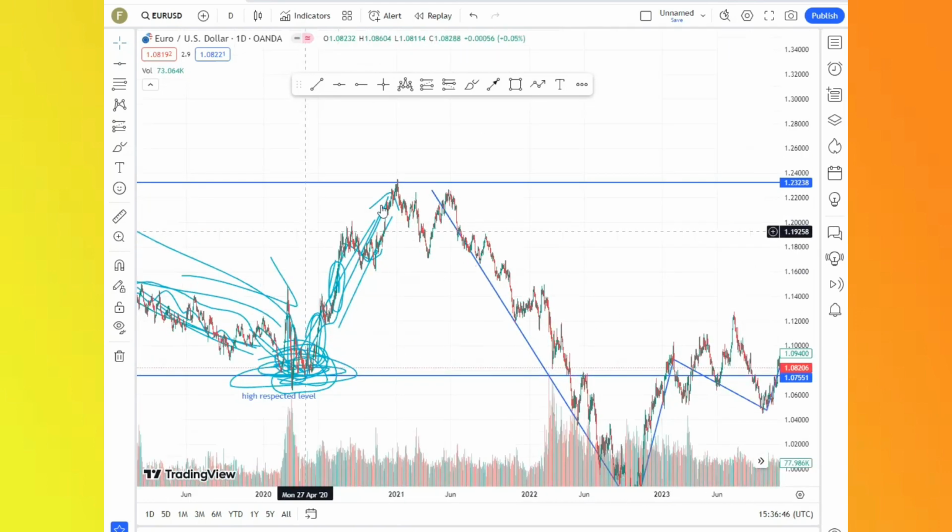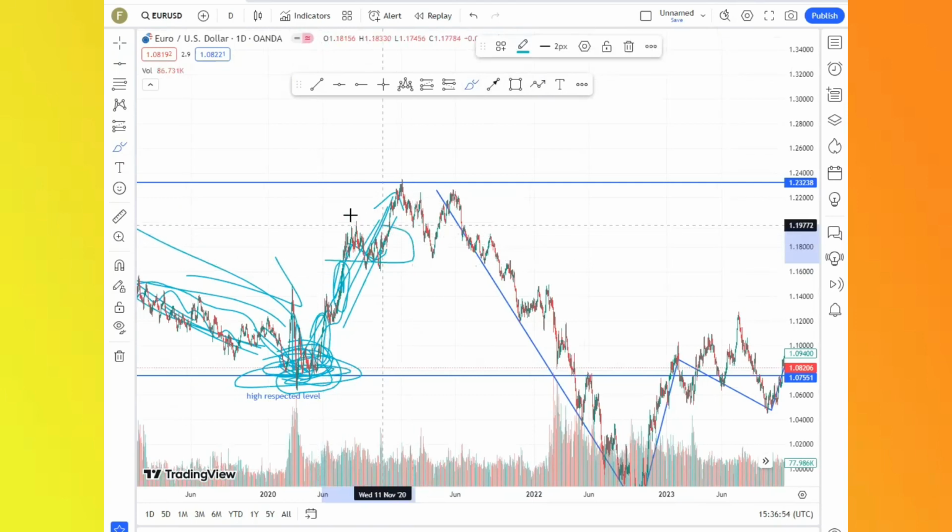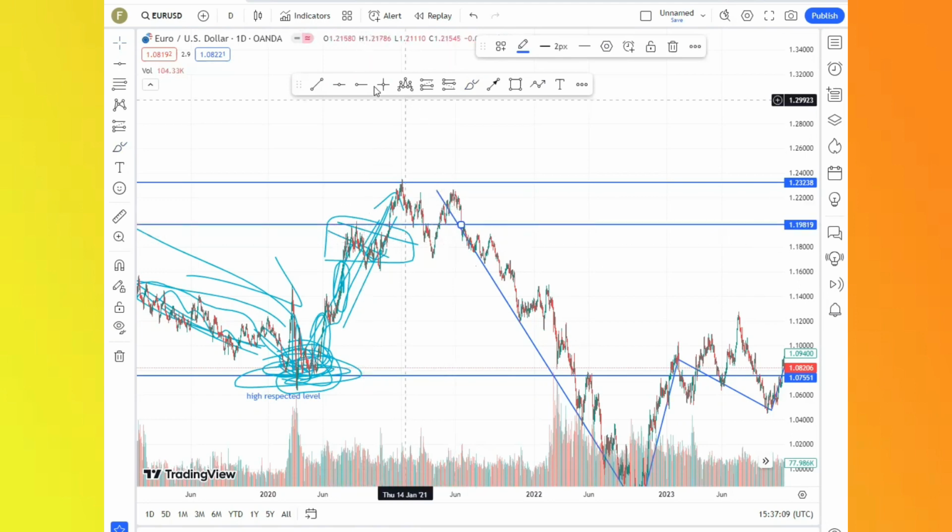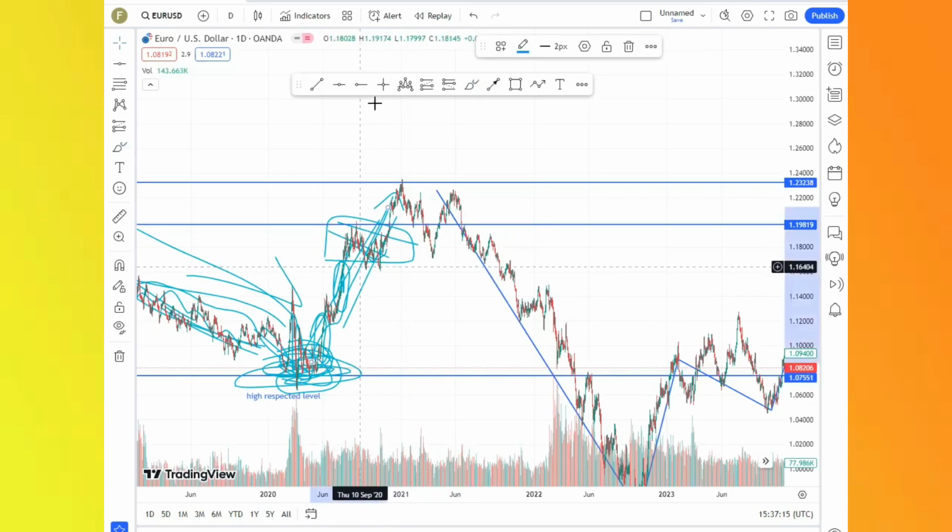Okay, coming back to here, we can see that the market had enough momentum and came to retest at this level here, which is also our major level. But for now, we don't consider it a major level; however, it's also a respected level. So I'll just highlight it here.